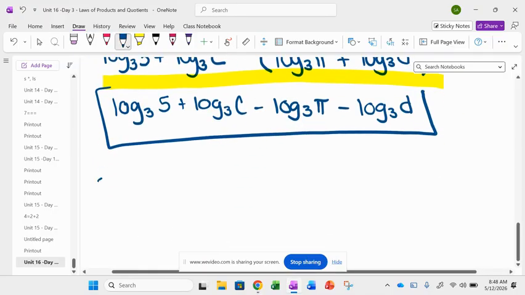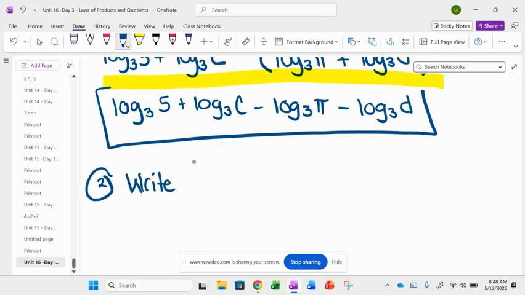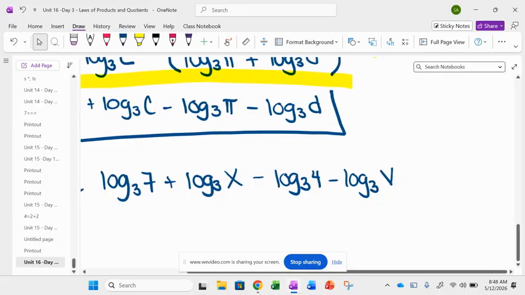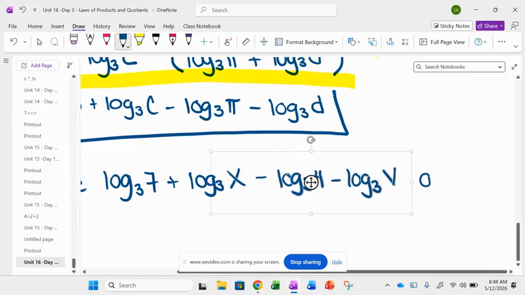So now this next problem I'm going to say, write log base 3 of 7 plus log base 3 of x minus log base 3 of 4 minus log base 3 of v as one expression.